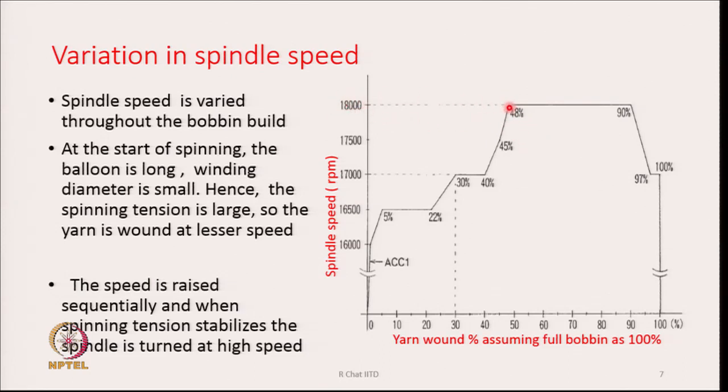By the time we have produced almost 50% of the bobbin, we keep it fixed, and in the end we again reduce speed, because by the time we go to the end, the balloon has reduced in size, the bobbin is almost built, but the end breaks suddenly rise in this zone. We will see why it rises, and therefore, we need to reduce the speed again.